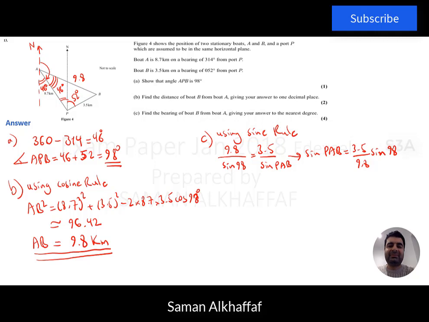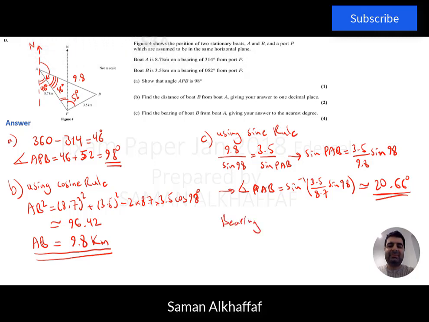And in this scenario, we would have the angle PAB being sine inverse of 3.5 over 9.8 sine of 98, and that will give us approximately 20.66 degrees.